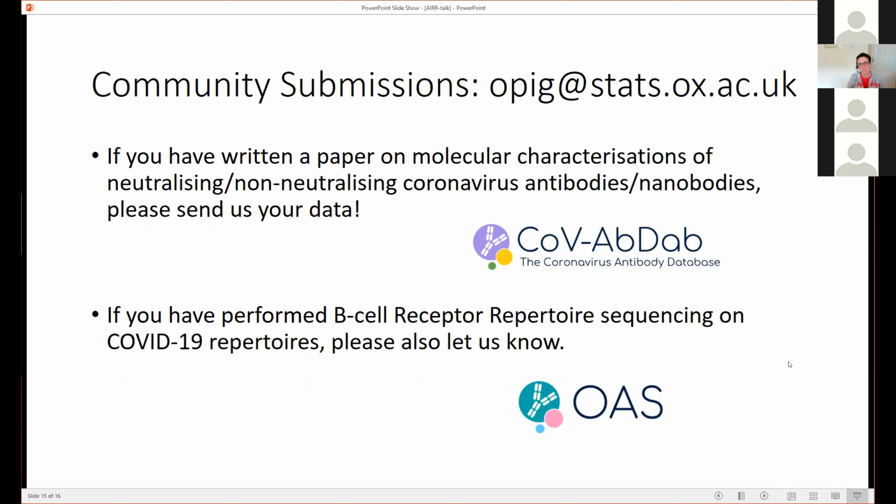The last part of this I'm going to say is a gentle plea, which is these databases we are trying as hard as we can to keep up to date and get the information into. So if you know there's a paper on the molecular characterization of neutralizing or non-neutralizing coronavirus antibodies or nanobodies, please send us your data, or please just tell us about it if you've seen it somewhere and we haven't captured it, because the power of a database like COV-ABDAB is getting that large coverage so that when you want to test against these things, you have something to look at and you can say, actually, it's been seen multiple times, or this has never been seen before.